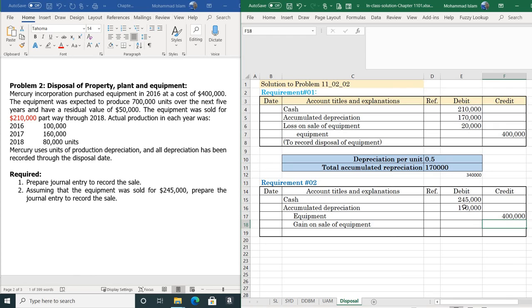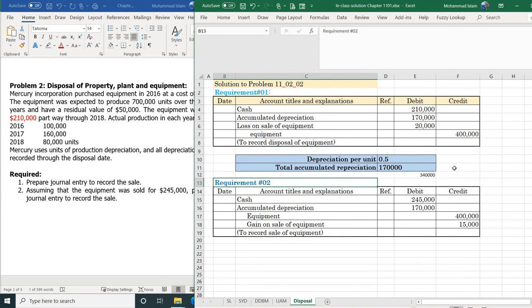So the difference between these two and this one, so it should be this one plus this one minus this one. So 10,000 is our gain on sale of equipment. The explanation should be to record sale of equipment. I hope you have got it. So this should also be on Learn. So thank you so much.